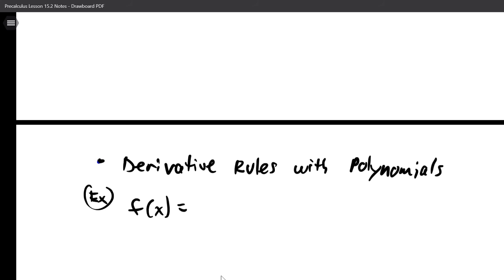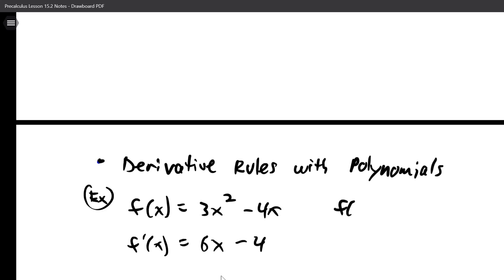So f of x equaled 3x squared minus 4x, and f prime of x equaled 6x minus 4. How about this one? If f of x equals 8x cubed minus 6x squared plus 5x minus 10.